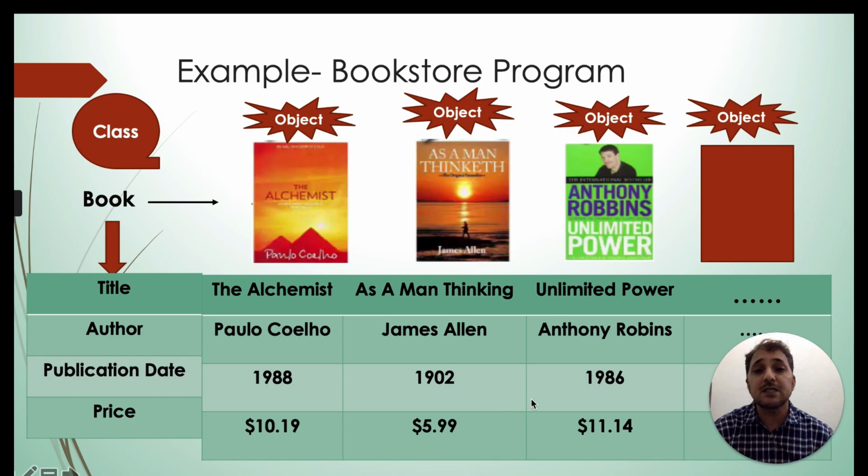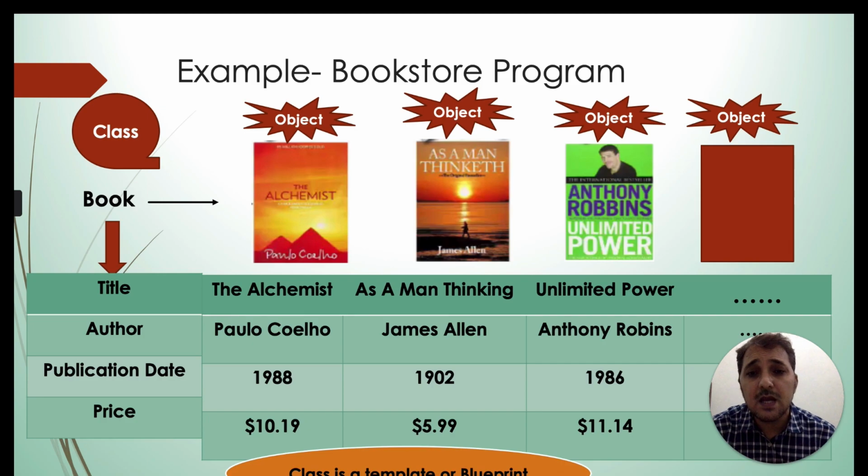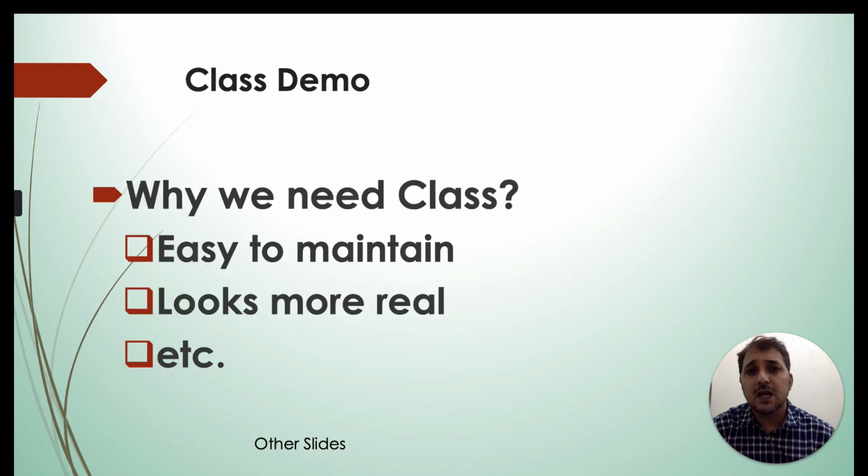So the class is the general representation of the objects, but each object is unique and has unique values different from other objects. Class is just like a blueprint or general description of the objects.